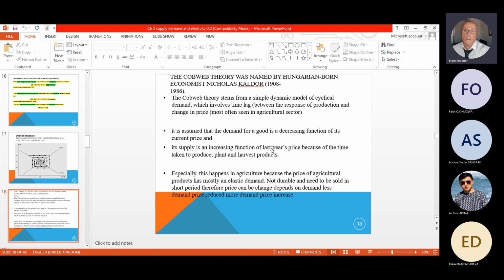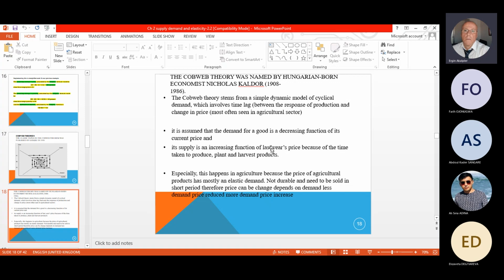The relation between the response of production and the change in prices is very heavily affected by the position of supply and demand, of course, and this is mostly observed in the agricultural sector, because in agriculture every seasonal deviation is affected by the former period or former seasonal activities. Therefore, this is very easy to understand when you concentrate on agricultural foodstuffs.